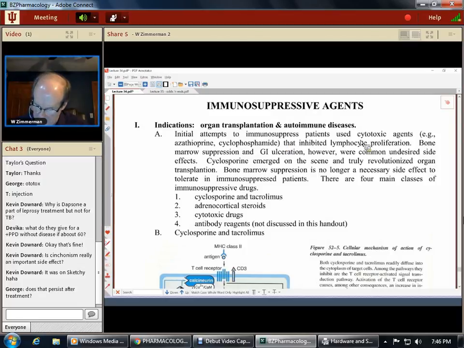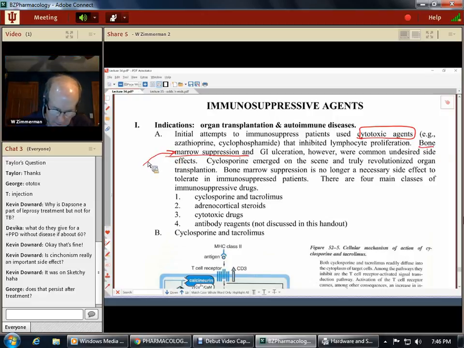We use these cytotoxic agents. And these cytotoxic agents, yeah, they would suppress the immune system, but we wanted to suppress just the lymphocytes. But we also got the bone marrow suppression, and that is not wanted.